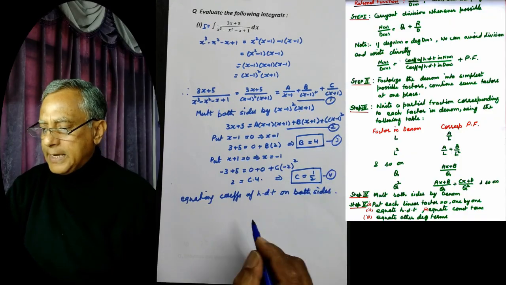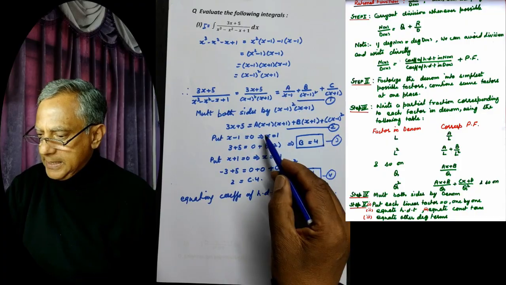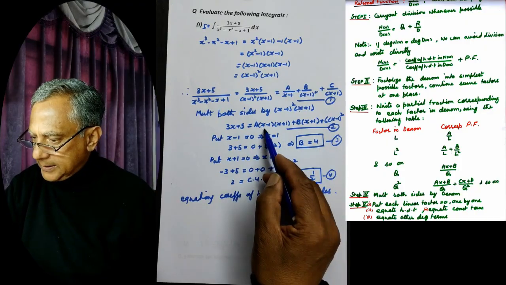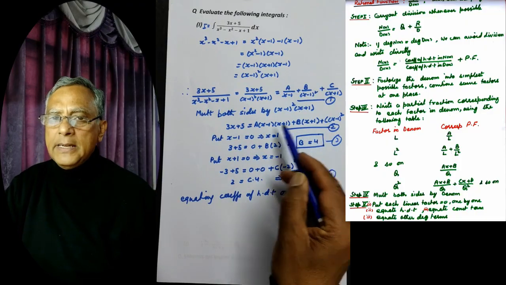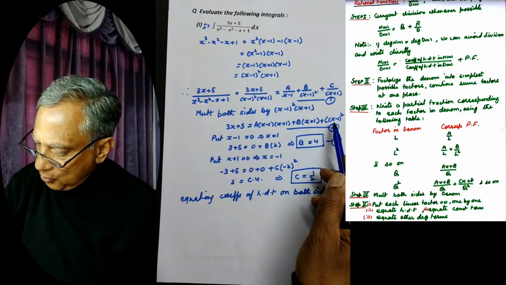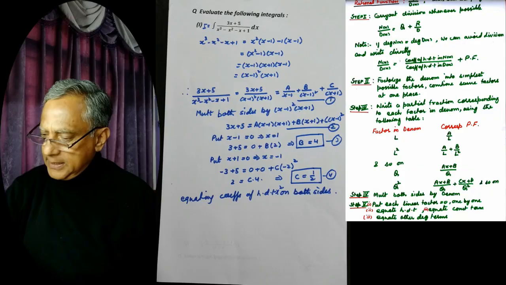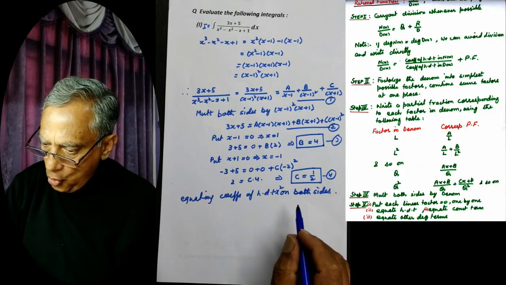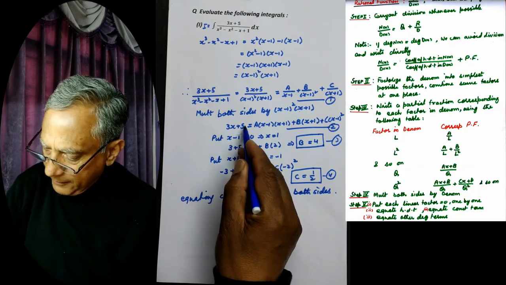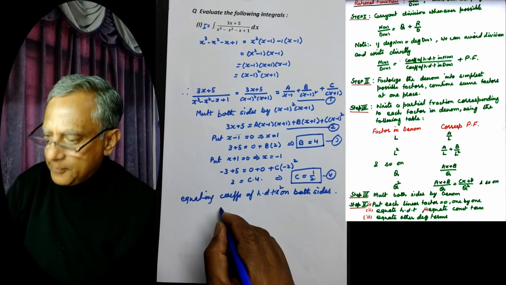Now quotient of highest degree term. So this is linear. This into this is quadratic. So highest degree term is x square. So we will equate the coefficients of highest degree term, that is x square. There is no term of x square on the left hand side. So this coefficient will be 0.